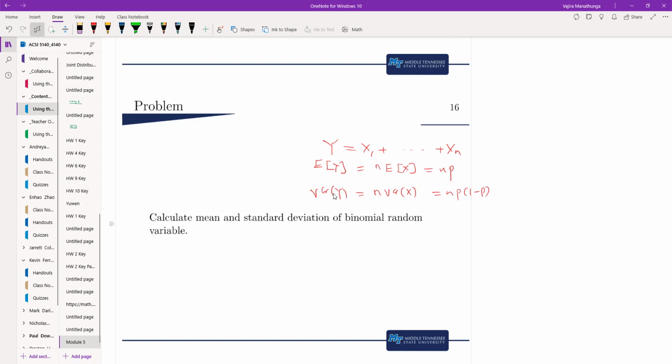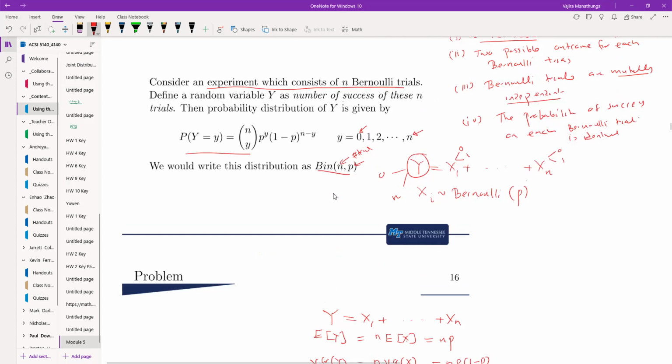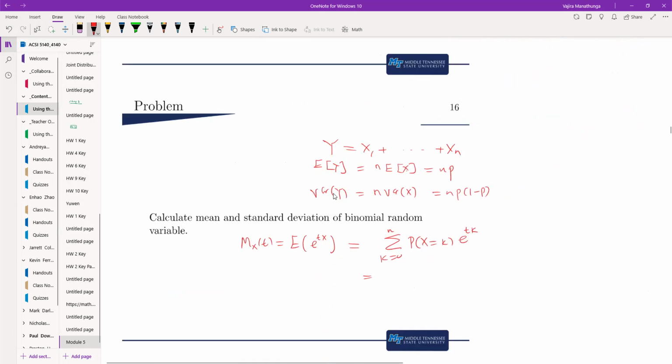Another method would be to take the moment generating function, which is defined as the expected value of e to the tX. I can expand this. It's basically the probability of the binomial random variable taking these values, times e to the tk. And the probability X equal k is given here. This is the probability mass function, so I can substitute that.